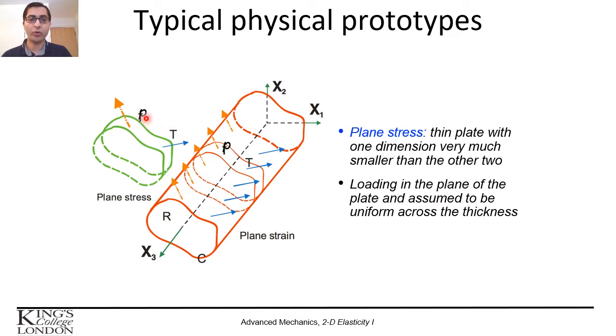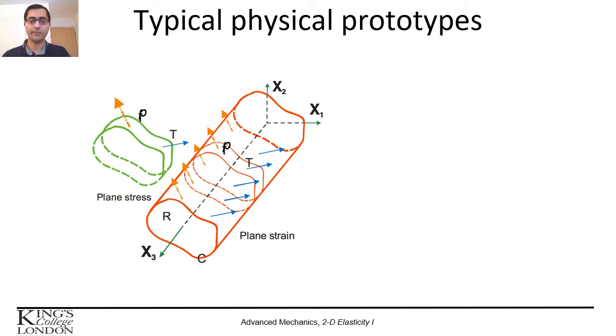So you see that P and T are on the plane of this plate. There is no load perpendicular to that. And these P and T are uniform across the tiny thickness that we have there.